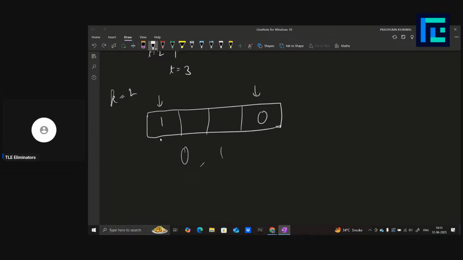Now, let's say I am placed here facing the left direction, then definitely I can escape, right? I can escape if I am placed here at t equal to 0.